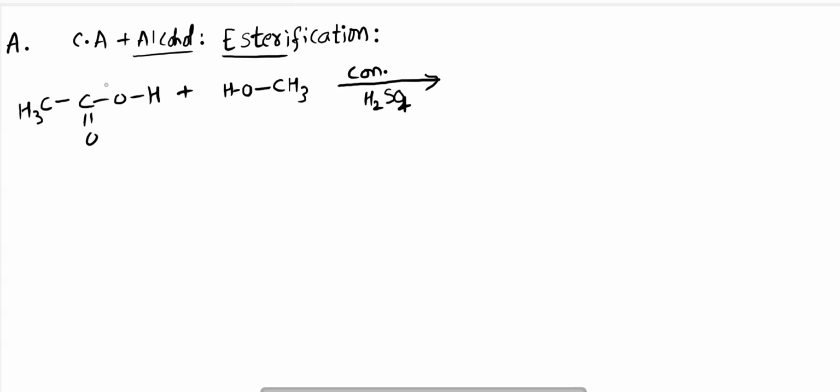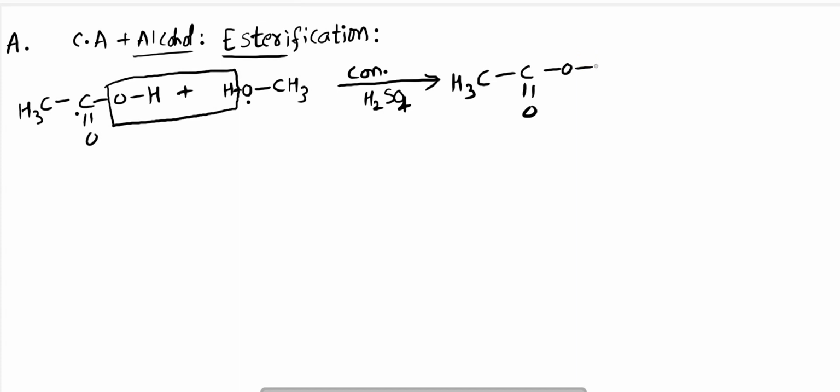The simple thing is cut OH from carboxylic acid, H from alcohol. The answer is very simple. Write CH3 bond CO. This carbon is losing the bond, and here oxygen is losing the bond. So between this carbon and this oxygen, a new bond is formed, and the side product is water. H combines with OH and forms H2O.